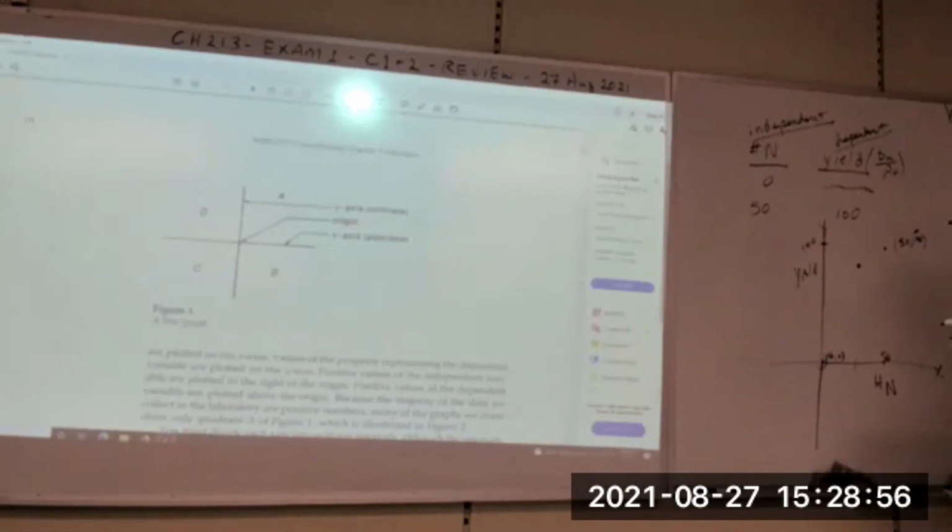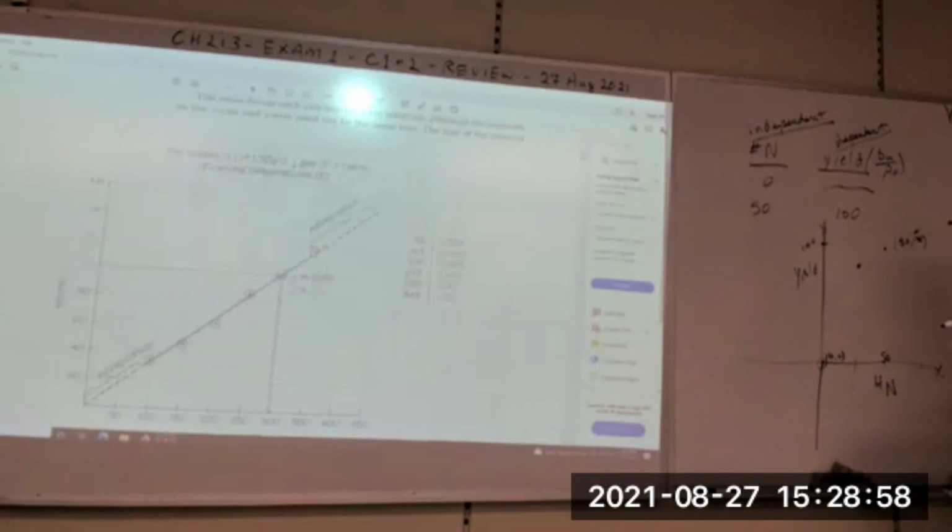Okay, if you have a series of measurements here, and you draw a best fit line. What we mean by best fit is you draw the best line you can with the least variation, the least difference between the line and the nearest point. So if you have scatter like this, probably the best fit line is somewhere in there.